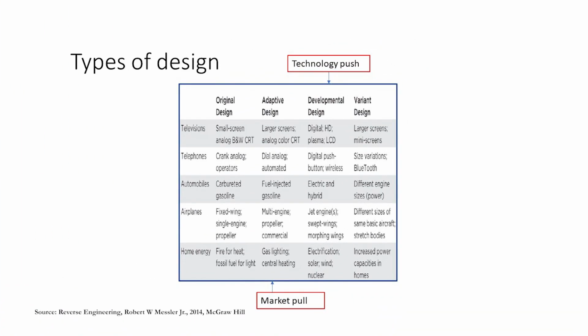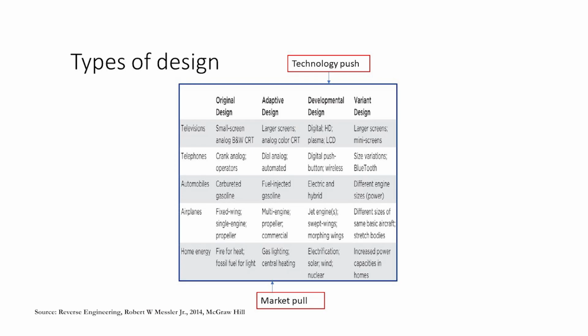Technology has changed, the functionality remains the same, and you can create variants of the original design. Variants of these would be larger screens or mini screens. The technology remains the same, but you just project it to a larger screen or mini screen. So, that becomes a variant design. Do you all understand the difference between original design, adaptive design, developmental design and variant design?